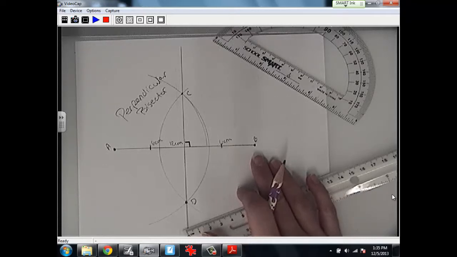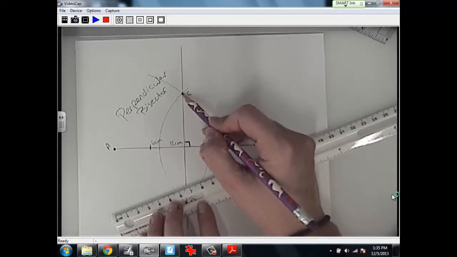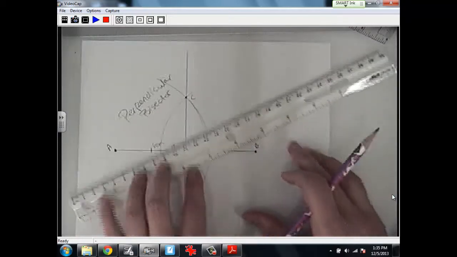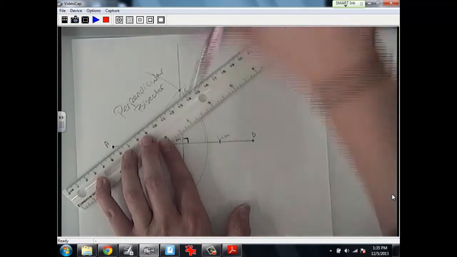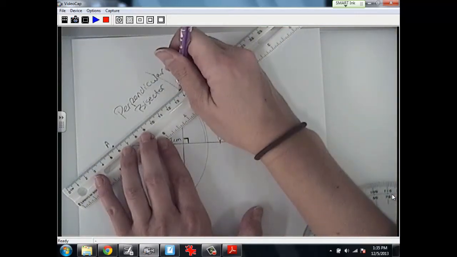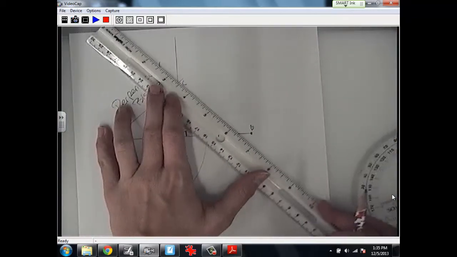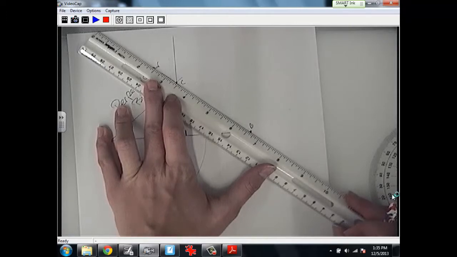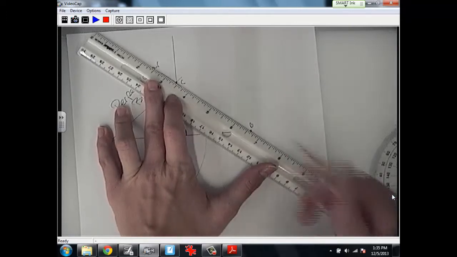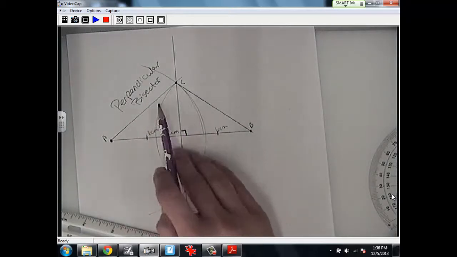You don't need to draw anything else. You don't need to draw in what I'm drawing right now. Just watch a second. And this is where our theorems start to come in. If I take this point C and this point A, what happens if I connect them? Let's see. I connect those, and if I connect C and I connect D, which one of these is longer, AC or BC?